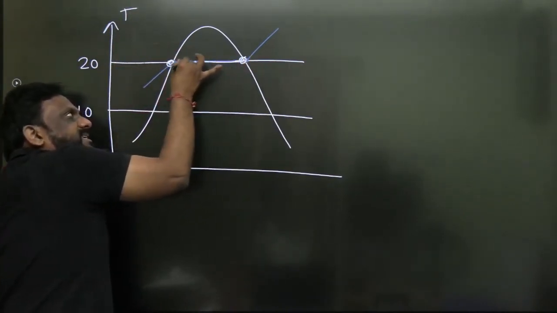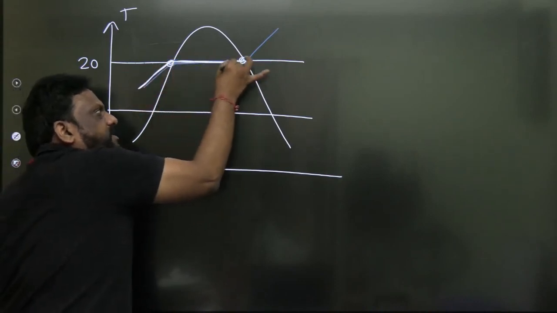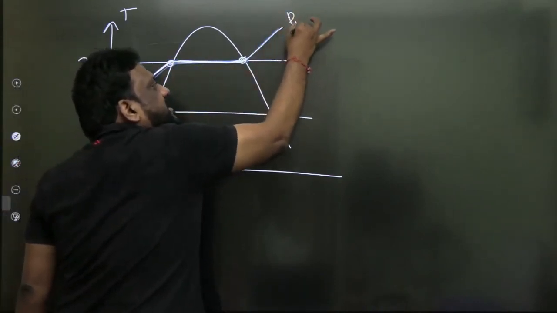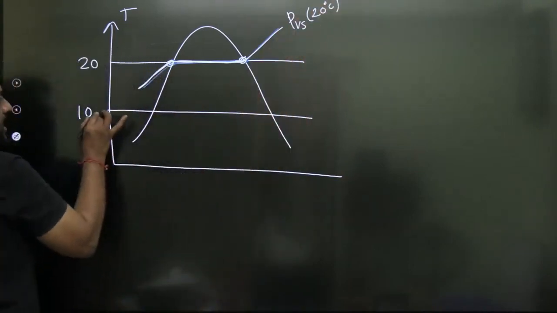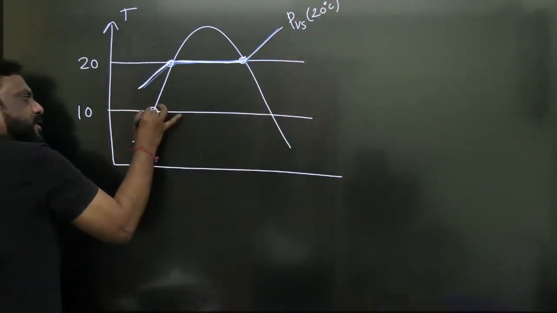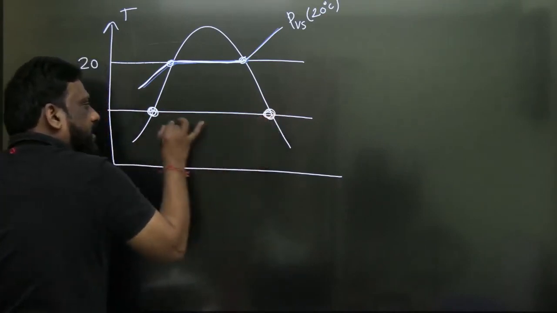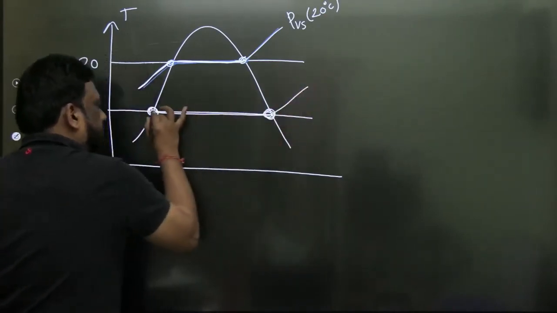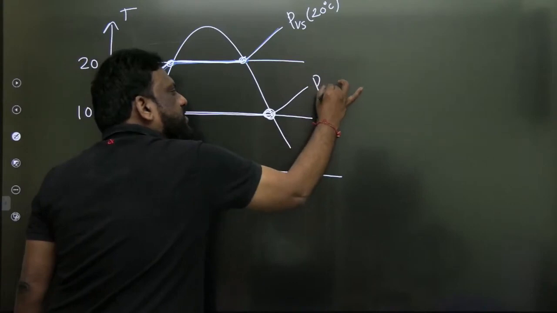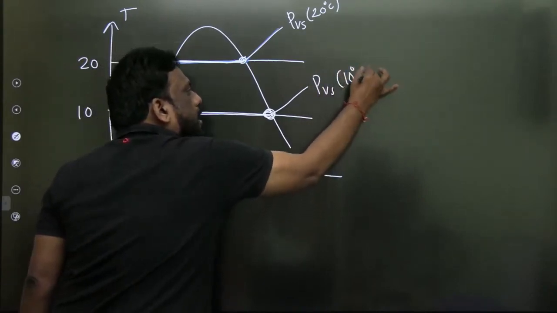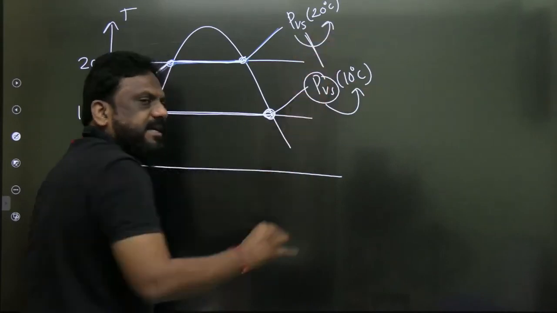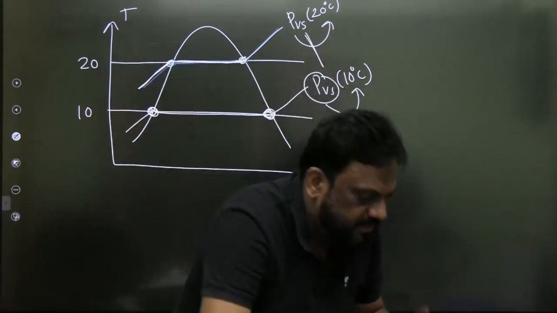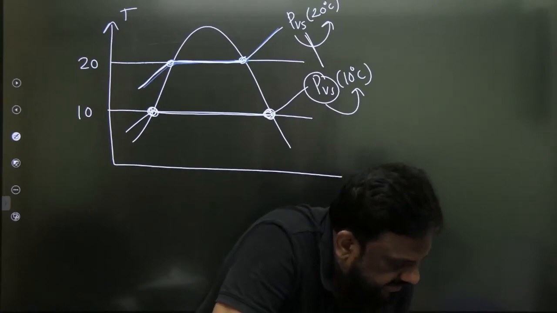Passing through the saturation, you draw constant pressure, and this we call it as saturation pressure corresponding to 20 degrees centigrade. Similarly, 10 degrees centigrade, it is cutting saturation here. Passing through this, you draw a constant pressure. This we call it as saturation pressure corresponding to 10 degrees centigrade. All these values, PVS at 10 degrees, PVS at 20 degrees, can be obtained from steam tables. Is it clear, sirs?